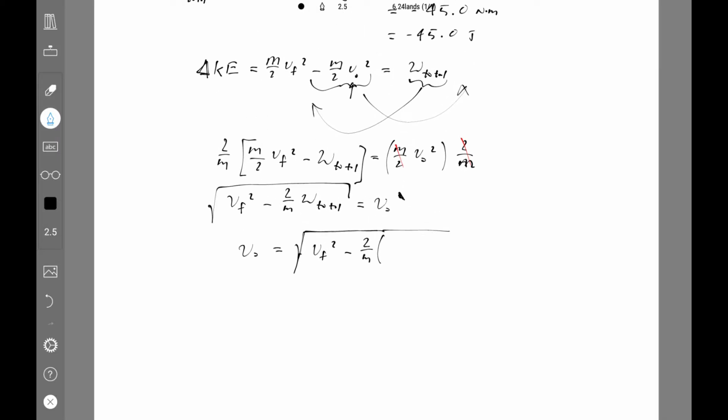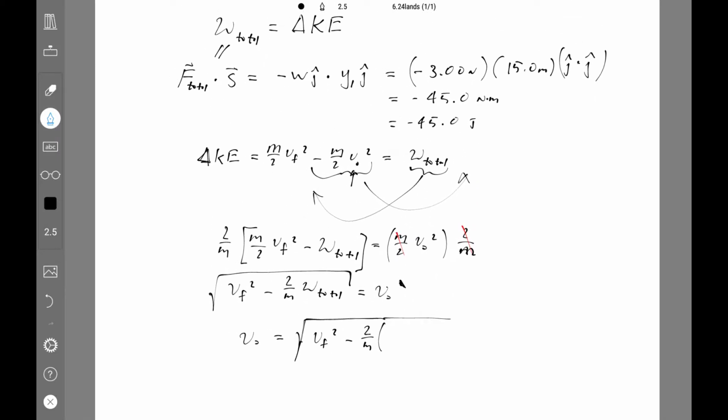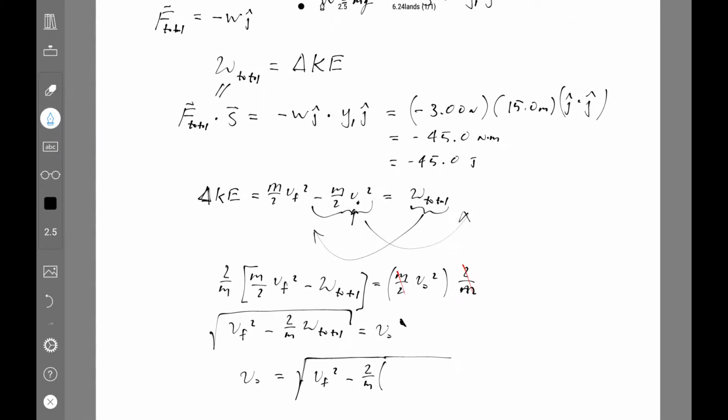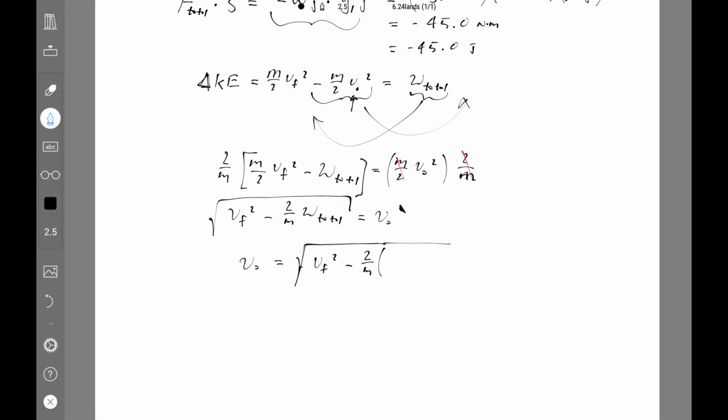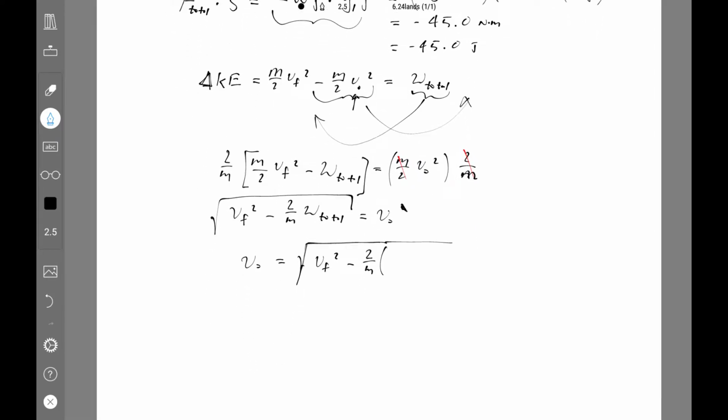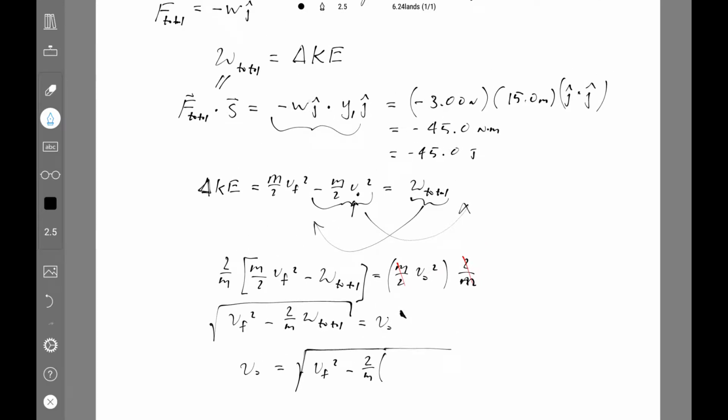What was w total? W total is negative w times y1. Or, there's too many w's. That w is the weight of the rock.